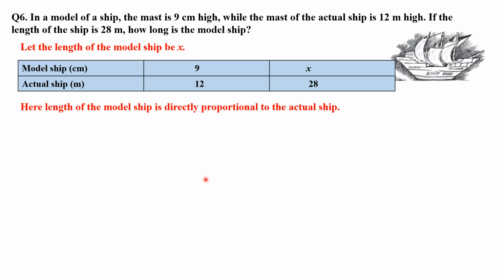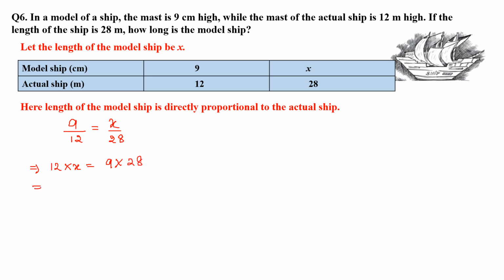So from here we can write 9 by 12 will be equal to x by 28, because in direct proportion we know that the ratio will be the same, right? They will be constant. So 9 by 12 will be equal to x by 28. And let's do the cross multiplication. So 12 into x will be equal to 9 into 28.